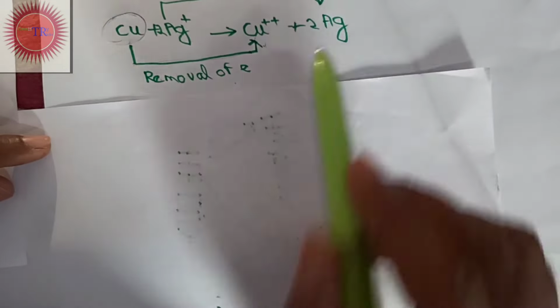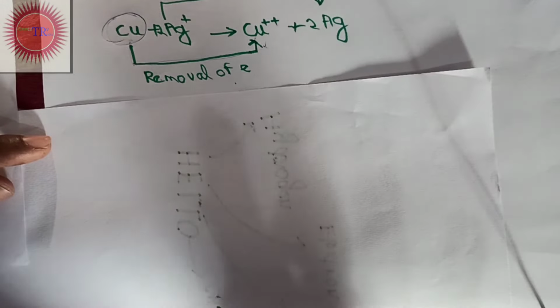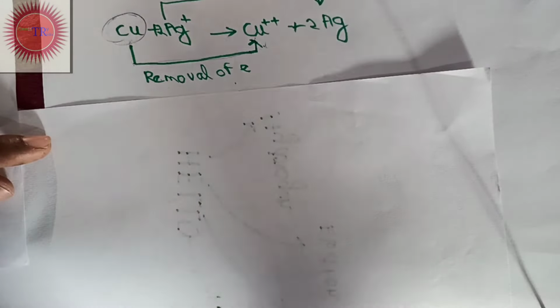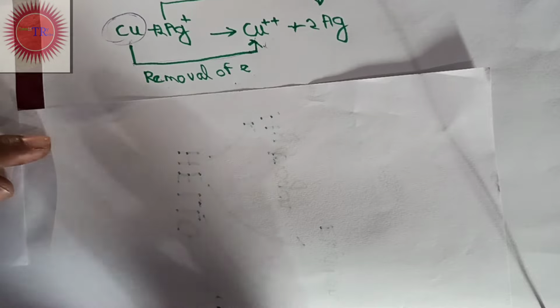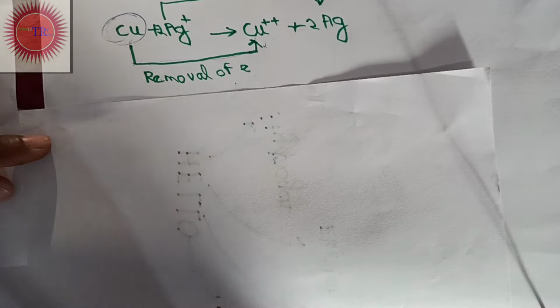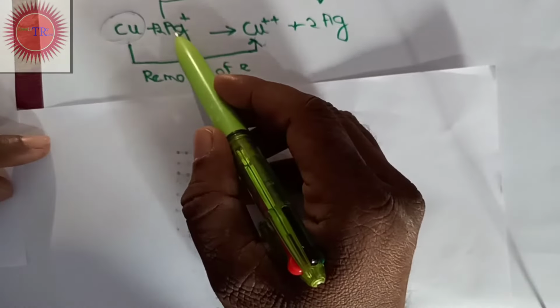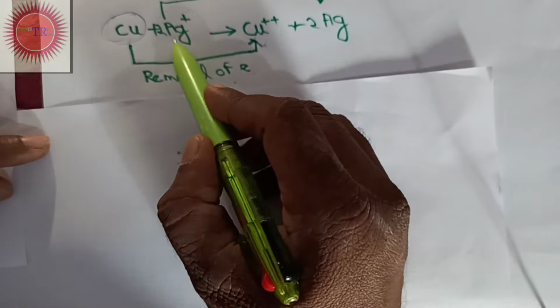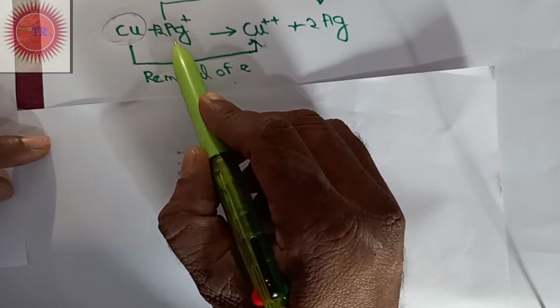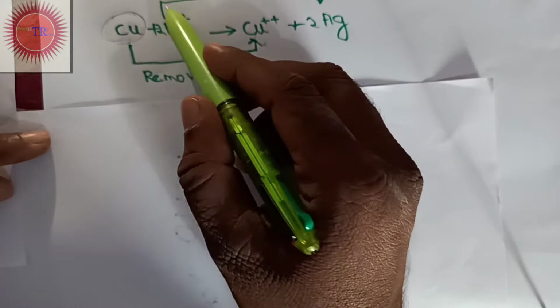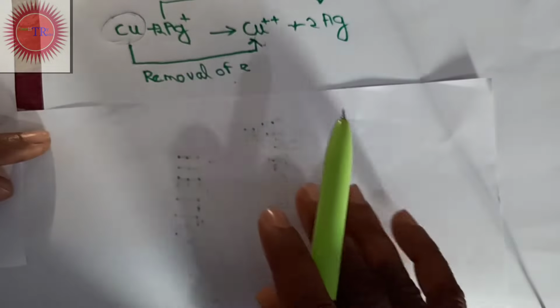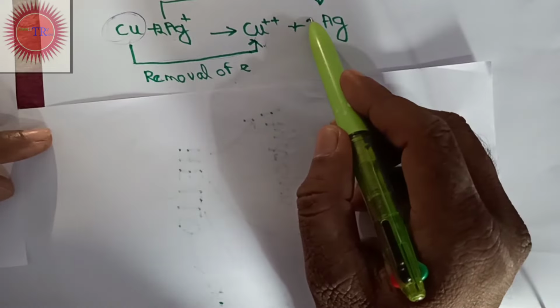It means positive charge decreased, so negative electron has come. It means it gained electron, a gaining of electron, just opposite to oxidation. This is the reduction.